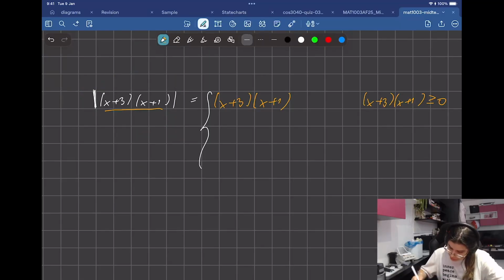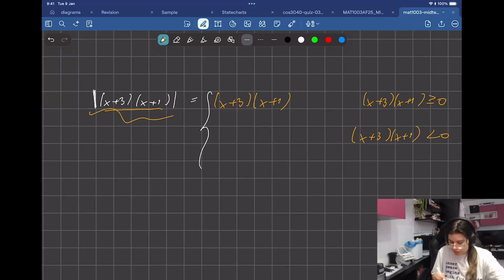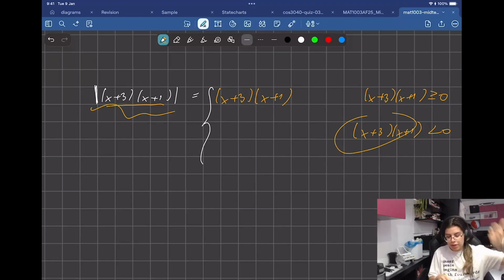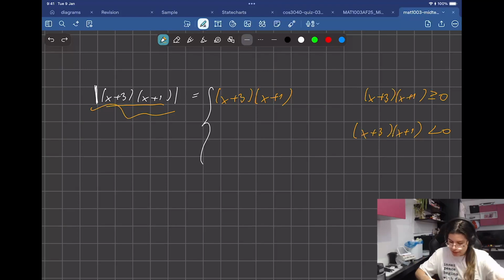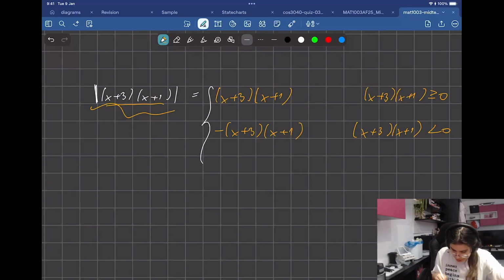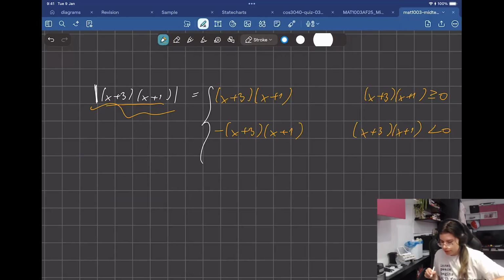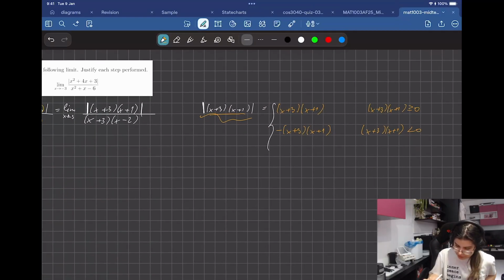But if the original expression, x plus 3 times x plus 1, was negative, then the outcome of the modulus would be the same expression but with a minus in front in order to make it positive, because minus minus gives us a positive, right? So it would be minus of x plus 3 times x plus 1, okay? Because if I have modulus of minus 5, then the result would be minus minus 5, which is positive 5, right? That's how it works. That's something I showed in the previous tutorial too, so I hope it's clear.